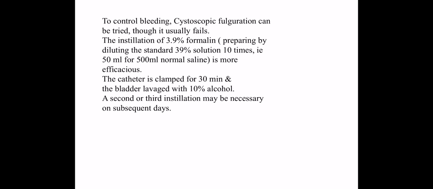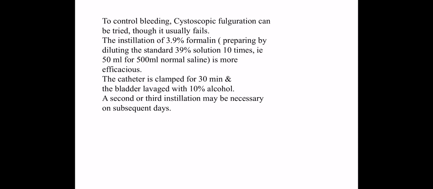The catheter is clamped for 30 minutes, and you have to ensure that the patient has no vesicoureteral reflux before this procedure. The bladder is lavaged with 10% alcohol after the instillation of formalin, because long contact of the formalin with the mucosa may lead to burn of the mucosa.